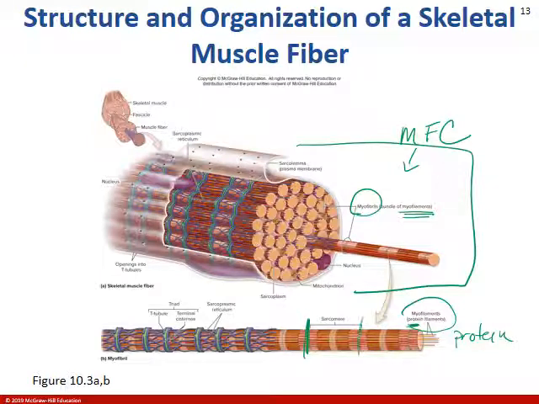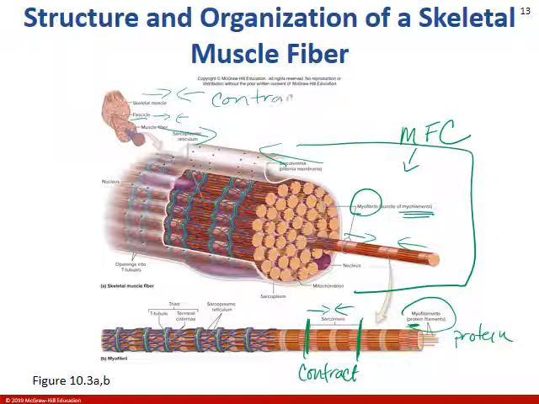Certain sections of the myofilaments are the ones that are actually going to contract. So you're going to see this section get smaller. Then you're going to see this entire myofibril get smaller. Then what's going to happen to the muscle fiber cell? It's going to get smaller. What's going to happen to the fascicle? Smaller. Entire skeletal muscle contracts.